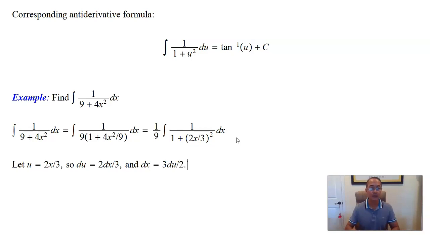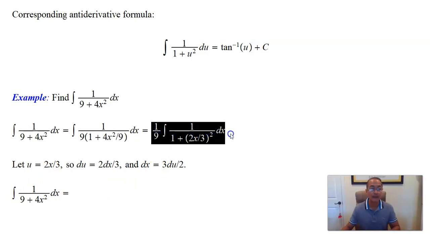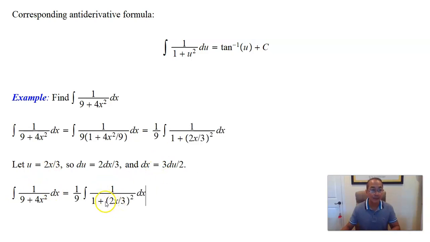So we are ready to do the substitution. What we are looking for is 1/9, and our denominator is 1 plus u squared. Our dx is 3 du over 2, so let me insert a 3 over 2 du. Very good. If you recall, for inverse sine, we had a 5 here and a 5 there.